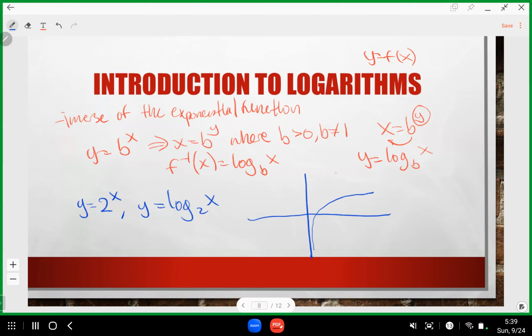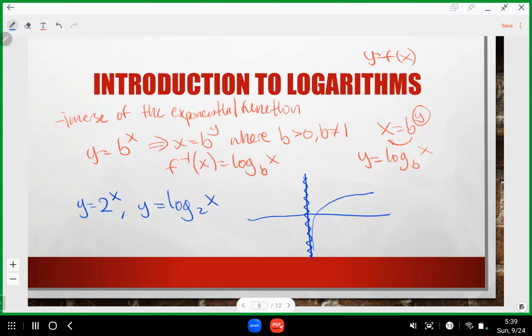See how it's barely growing as x approaches infinity. It's going to be very, very small growth. Don't forget that there's also a vertical asymptote here at x equal to 0. For the exponential graph, y is equal to 0 is the horizontal asymptote. So make sure you know where the asymptotes are.